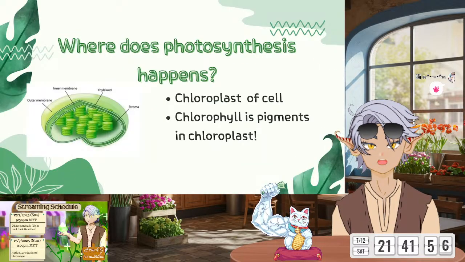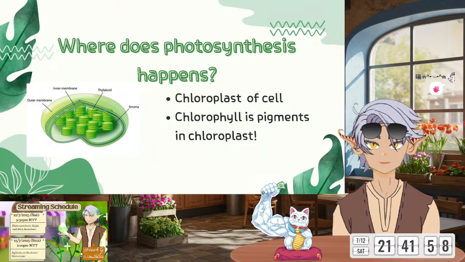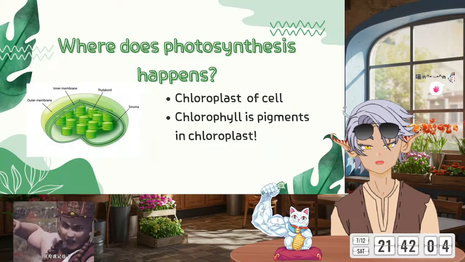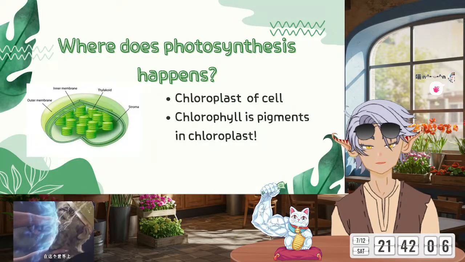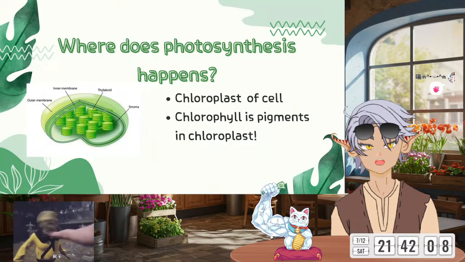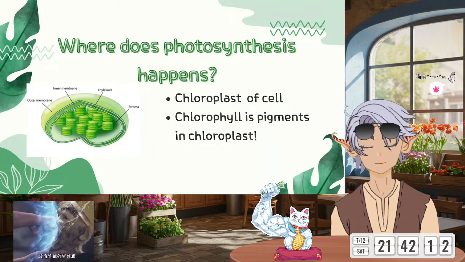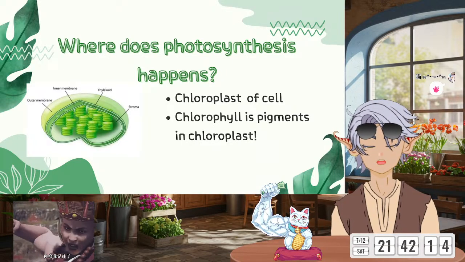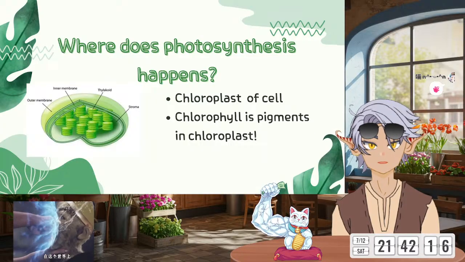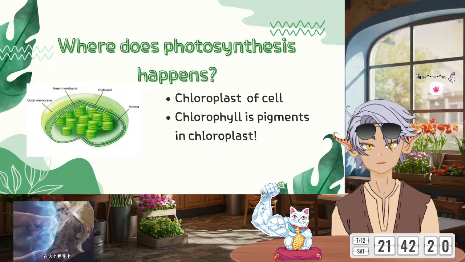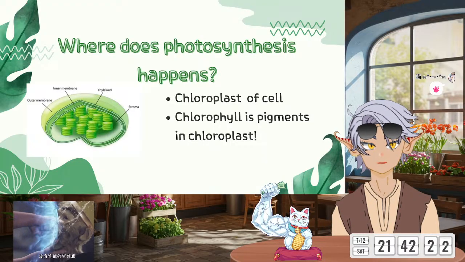So where does a plant carry out photosynthesis? As we know, it is in the chloroplasts of the cell, which is the green tiny button in the plant cell. Very important. In chloroplasts there is a pigment called chlorophyll.